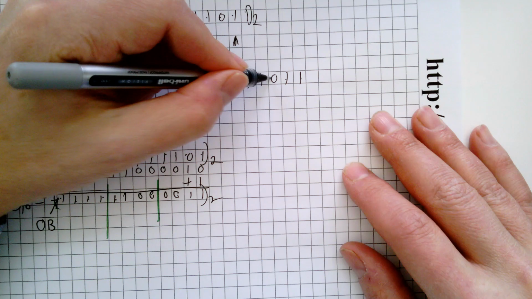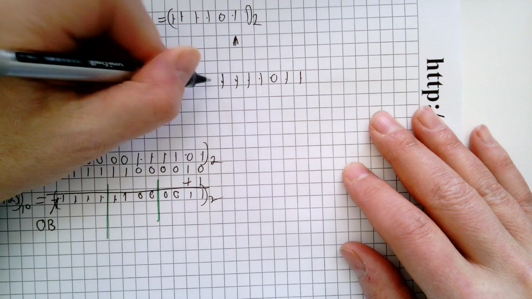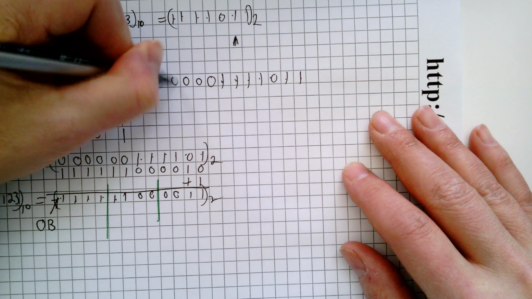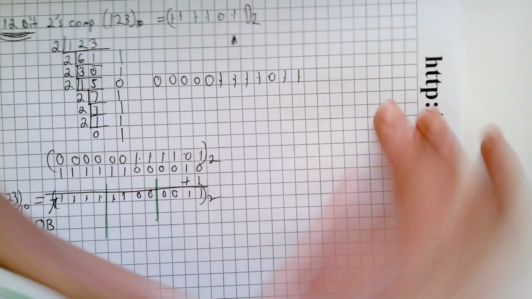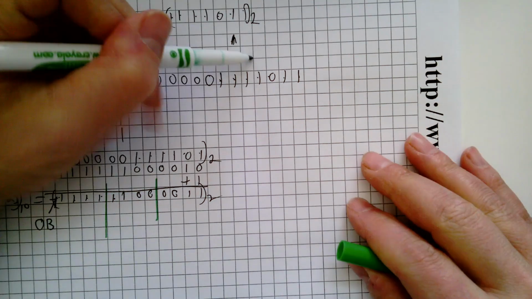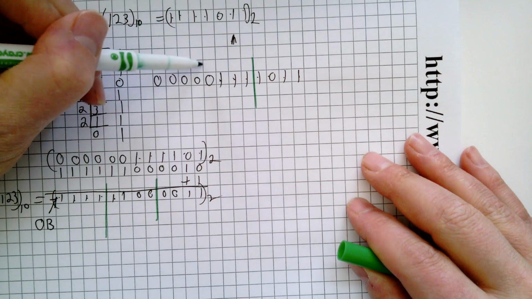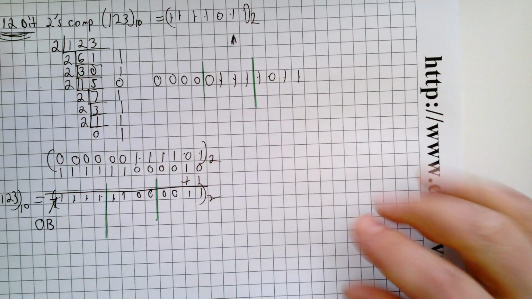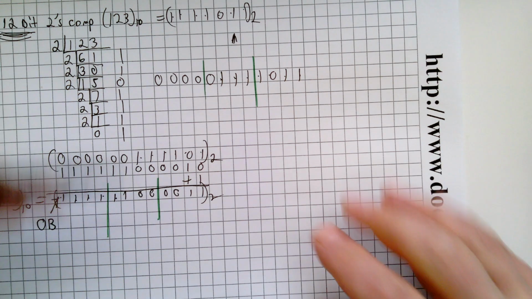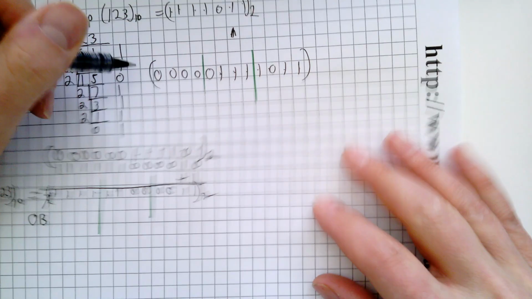1, 2, 3, 4, 5, 6, 7, 8, 9, 10, 11, 12. I'm just going to get my little colored pen over in here and group them by 4, just so I can keep it straight in my head. And now, complement.